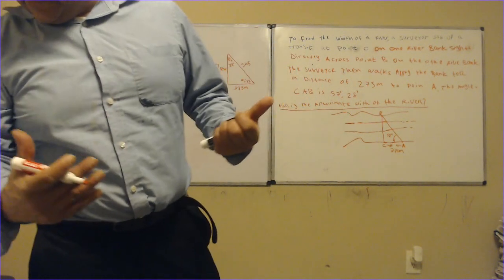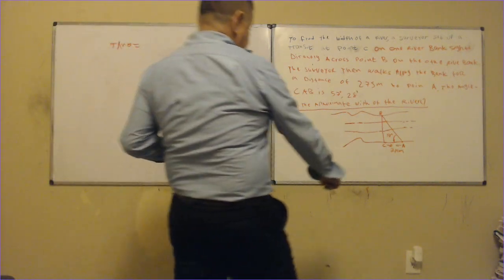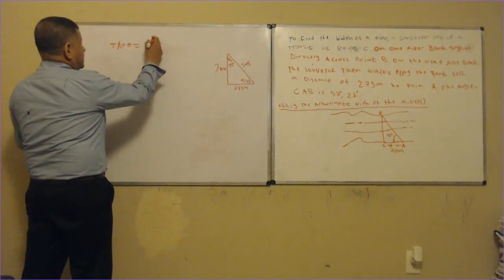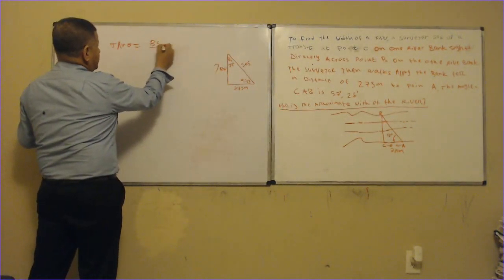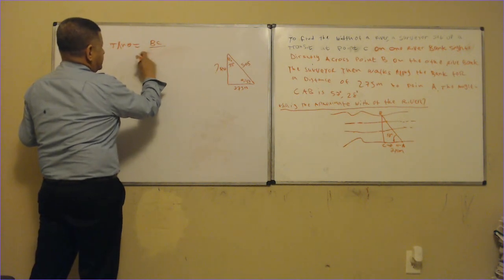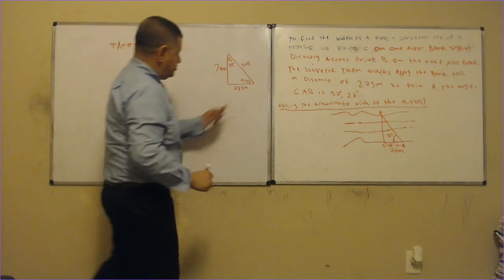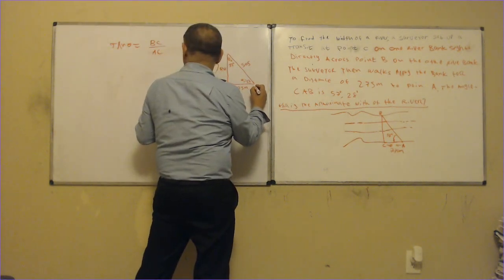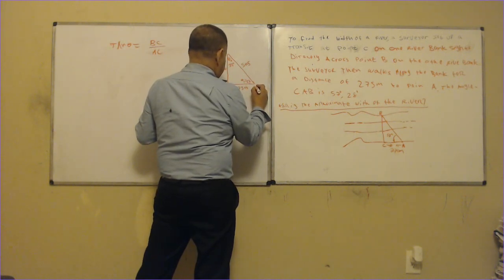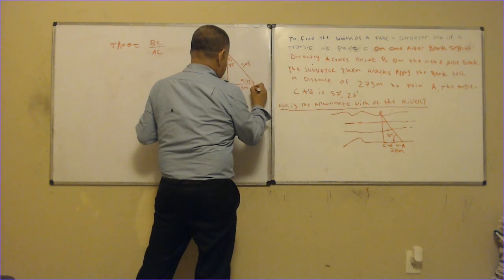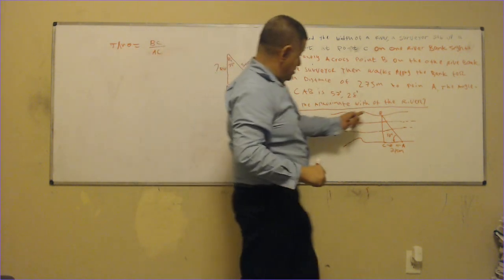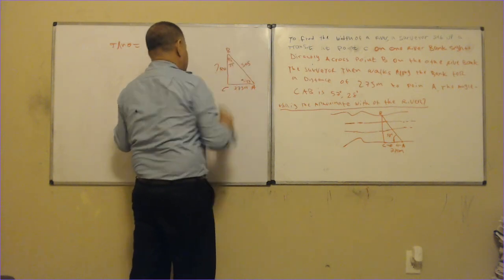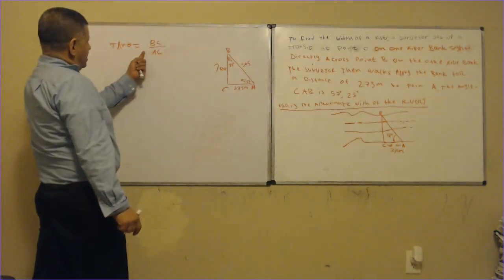We're trying to find BC, but we have AC. We can use AC or BC. So BC over AC, it doesn't matter. This is A, and this is C, and this is B, right?